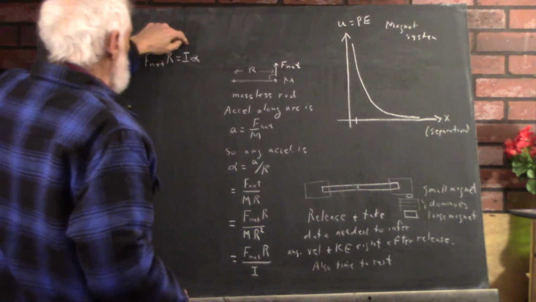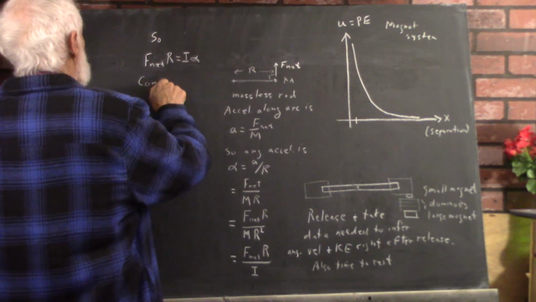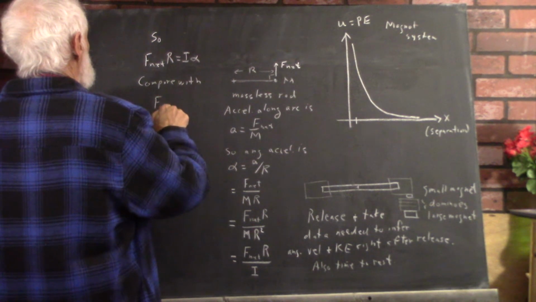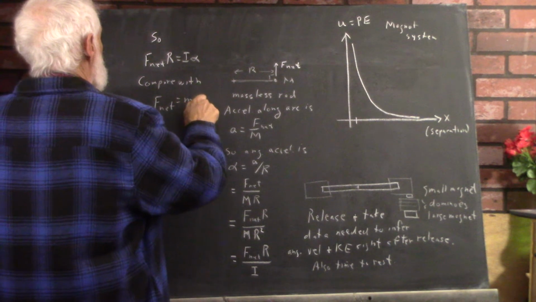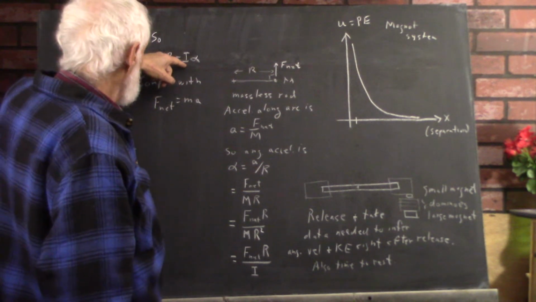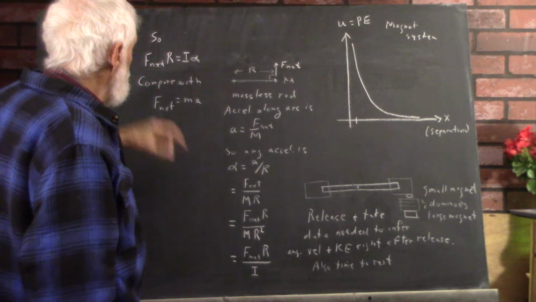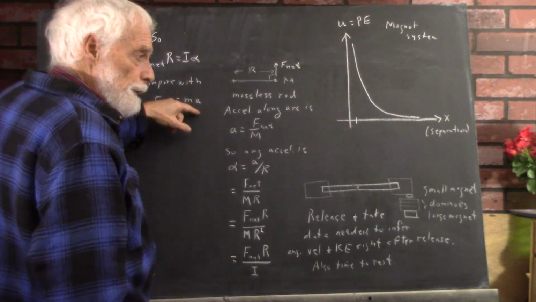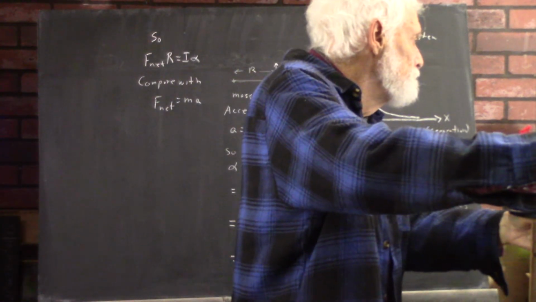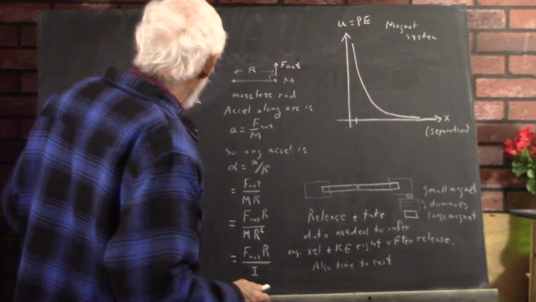So F net times R equals I alpha. Compare that with F net equals MA. Well, I, as you see from doing your homework, is analogous to a mass, and alpha is analogous to your acceleration in ways that I'll leave it to your homework to clarify, because we're almost out of time. We've got about 2 minutes.